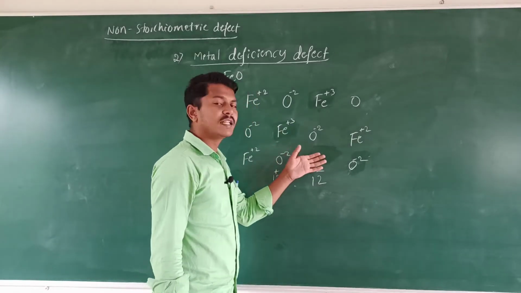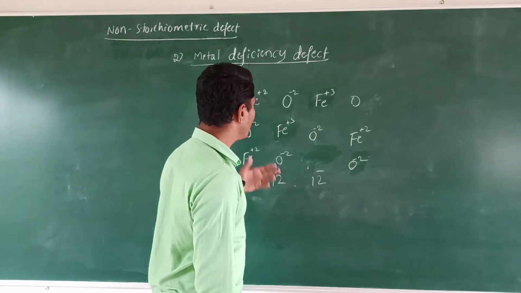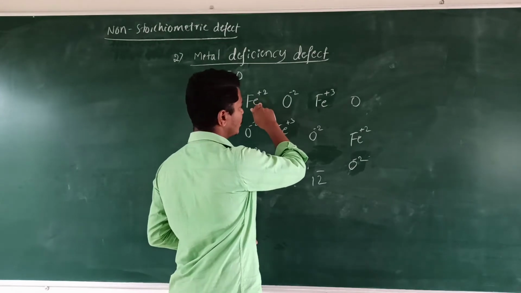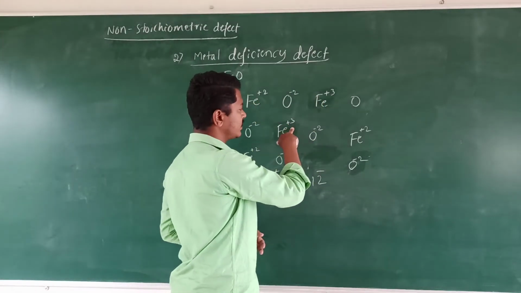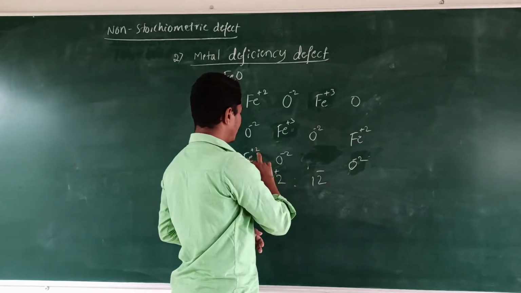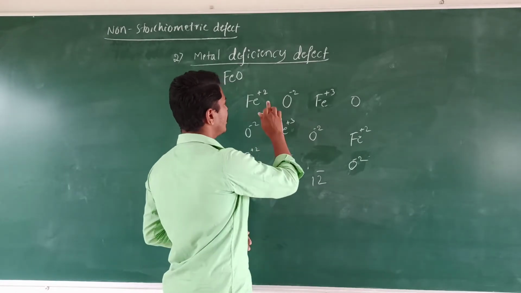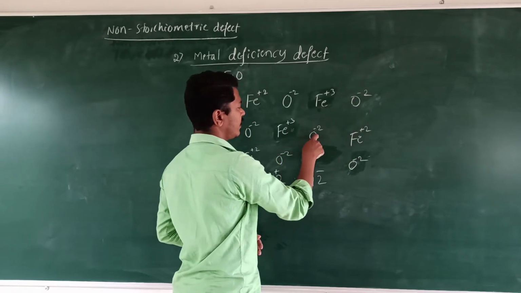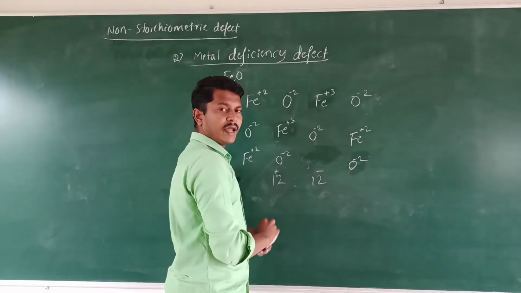This side is empty. This side is empty. Now we have to calculate the charges. 2, 3, 5 plus 3, 8 plus 2, 10, 11, 12 positive charges, and 2, 4, 6, 8, 10, 12 negative charges.